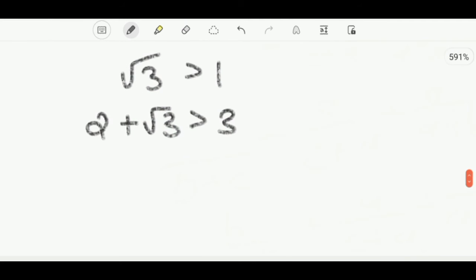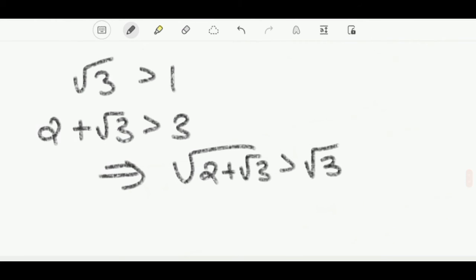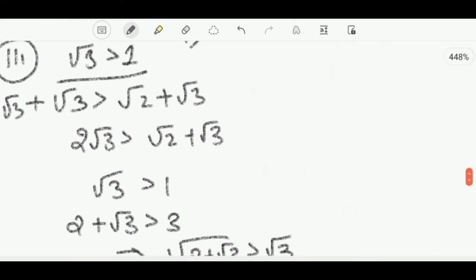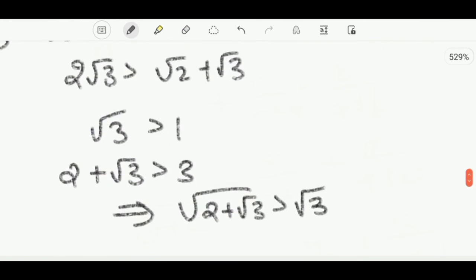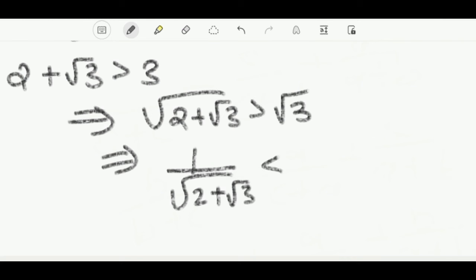And now we can again simply rewrite it as square root of 2 plus square root of 3 is greater than square root of 3. And now again I'm going to flip this, and we'll get 1 over square root of 2 plus square root of 3 is smaller than 1 over square root of 3.